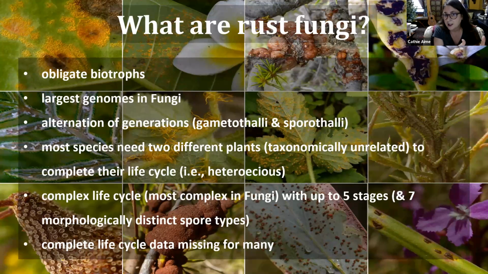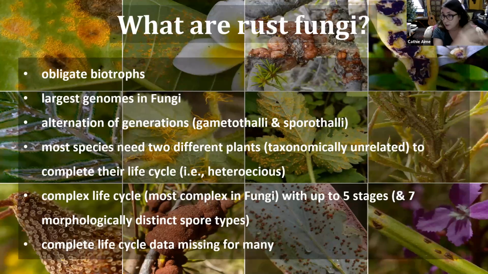The gametothallus is mostly haploid and is where fertilization takes place, and the sporothallus is dikaryotic, and that's where a lot of clonal reproduction takes place. But these are separated in space and time. And then in addition to this alternation of generations, most of the species of rust require two different unrelated host plants to complete their life cycle.